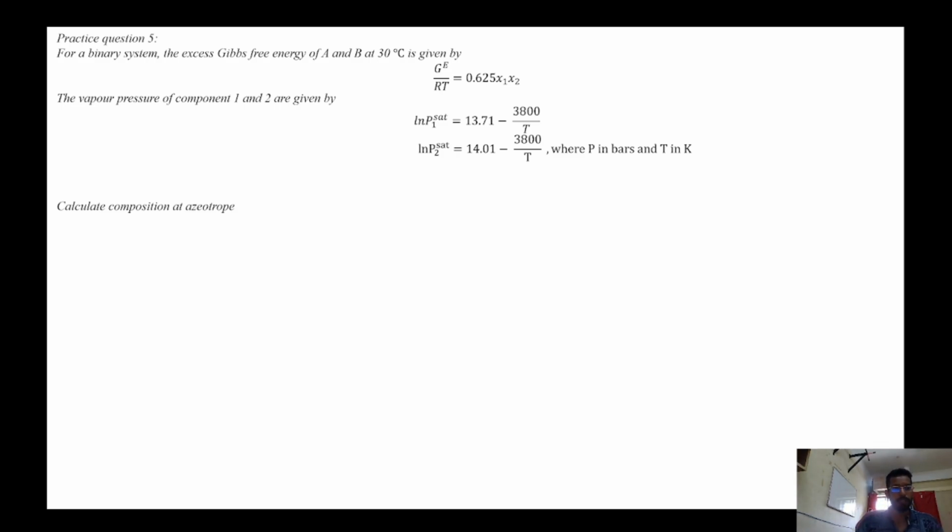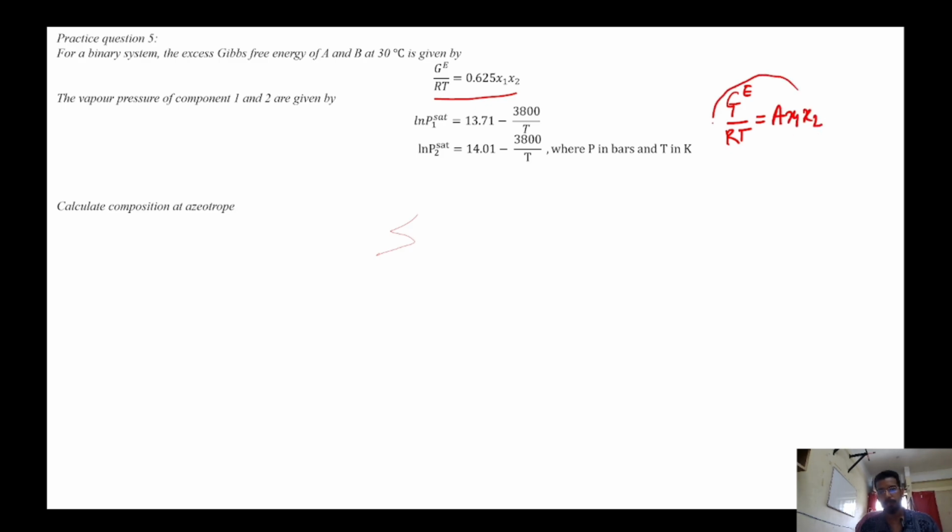Okay, so for a binary system, the excess Gibbs free energy of A and B at 30 degrees Celsius is given by G excess upon RT equals 0.625 x1 x2. The standard expression is A x1 x2.